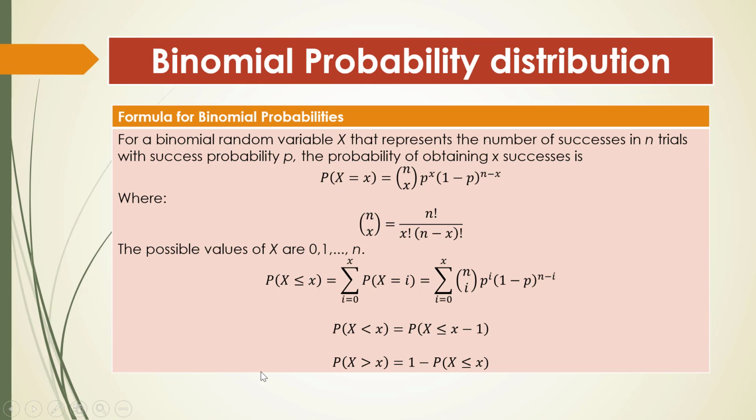If the question asks for the probability that X is greater than little x, then we use the complement rule. So probability that X is strictly greater than little x is equal to 1 minus probability that X is less than or equal to x, and we can apply the summation formulas here for probability that X is less than or equal to little x. If the question asks for probability that X is greater than or equal to little x, first we use the complement rule and then use one more step to change to probability X less than or equal to little x.